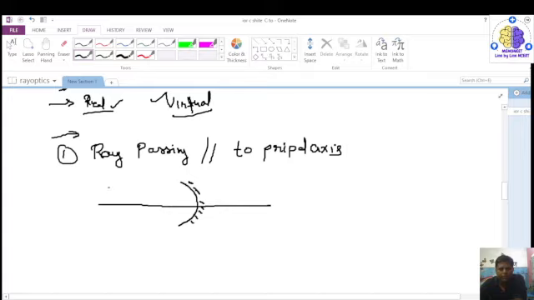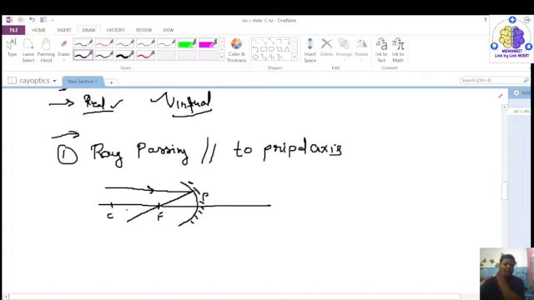So the rule is that whenever a light ray is traveling parallel to the principal axis, it will always pass through the focus. So this point will be focus. This is your pole, and the center of curvature would be somewhere here, right?